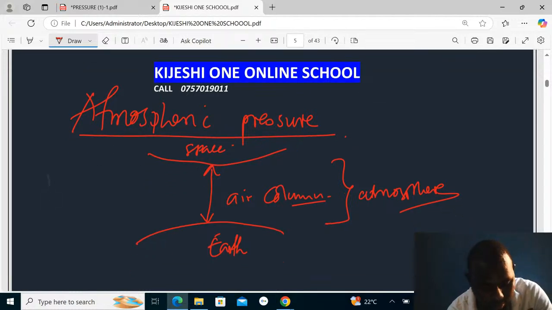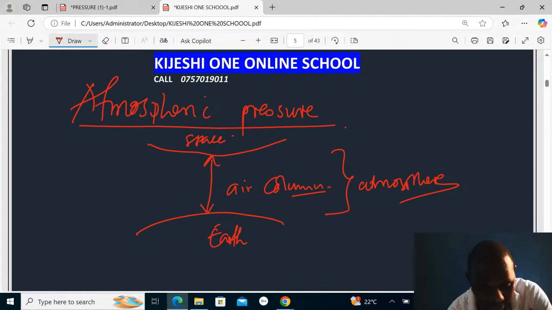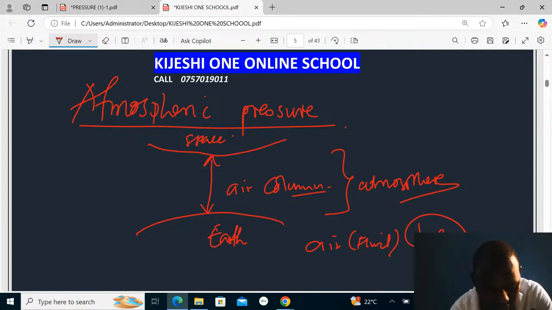So we expect this air, because it is a fluid, to exert some pressure on Earth, and that is what we call atmospheric pressure.